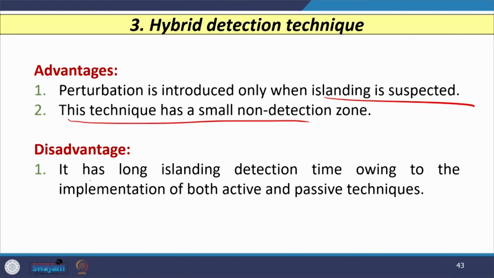However, it has a long islanding detection time owing to the implementation of both active and passive concepts. That is why this type of scheme is not used, and in most cases either the passive islanding detection technique or the remote islanding detection technique is used.